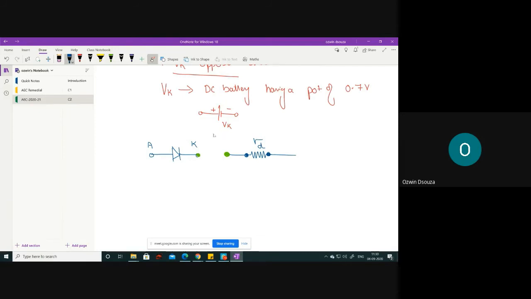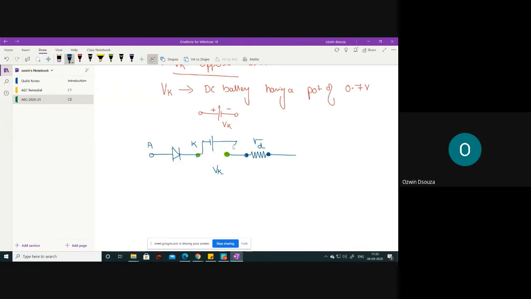Now, who can help me in placing this barrier potential? Which side should I be connecting? Let us say the positive terminal of Vk, where should I be connecting it to? The negative to be connected to the cathode. Okay, one person is saying negative to be connected to cathode.